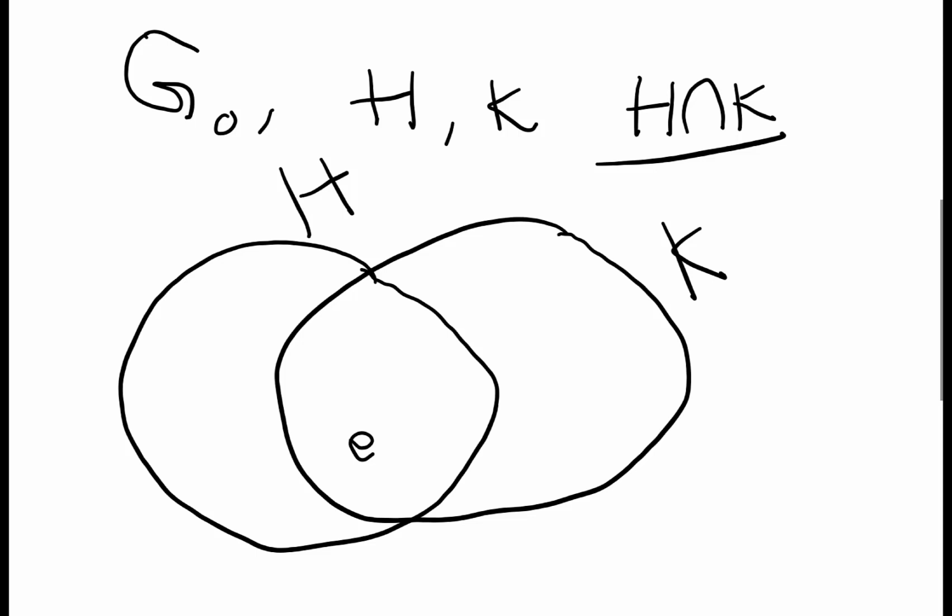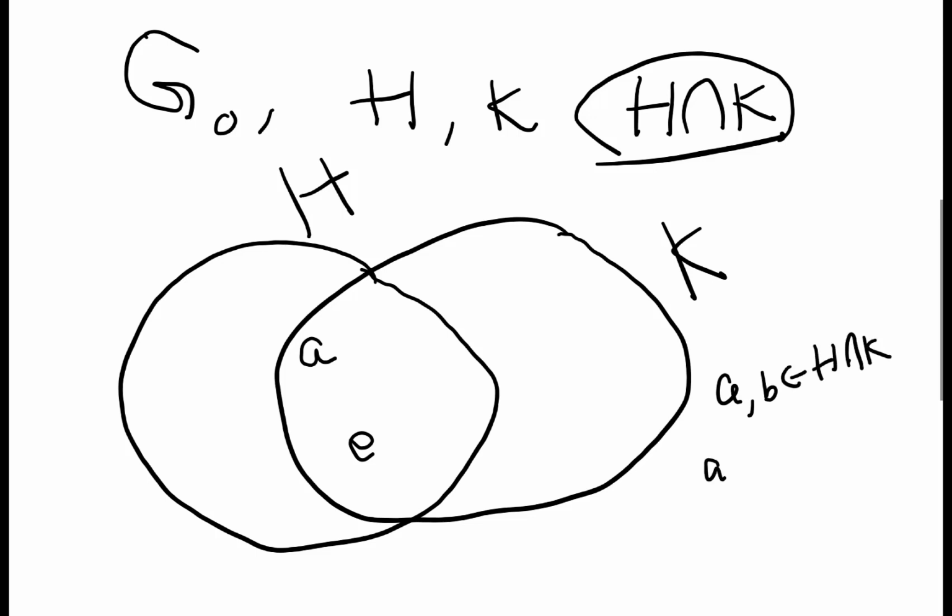Now, since G is a group, in order to show that H intersection K is a subgroup, all we need to show is that if A and B are in H intersection K, then AB inverse is in H intersection K as well.